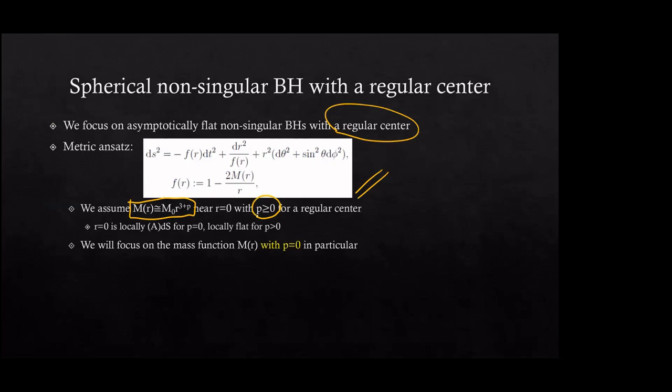And if p is vanishing, around the regular center, space-time is locally AdS or de Sitter. And if p is positive, the regular center is locally flat. And we are going to focus on the mass function with p vanishing. This is similar to the Bardeen black hole in particular.